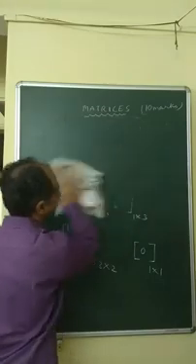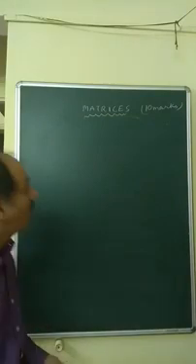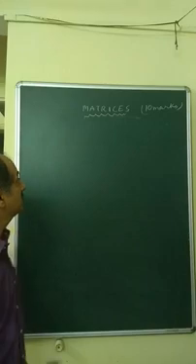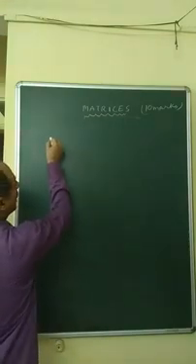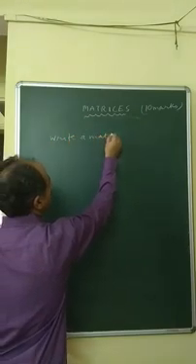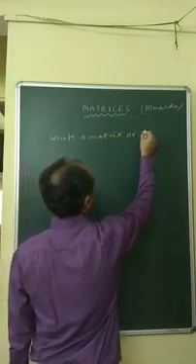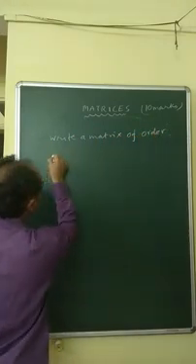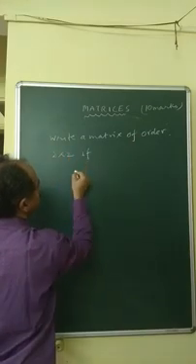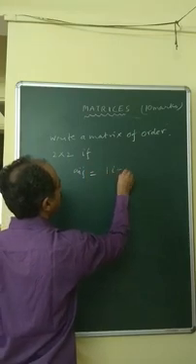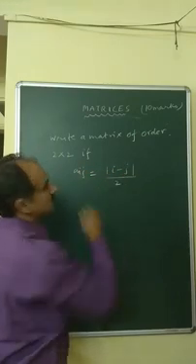Now, next concept: how to generate a matrix if the ijth element of a matrix is given. For example, write a matrix of order 2 cross 2 if aij equals mod of i minus j upon 2.